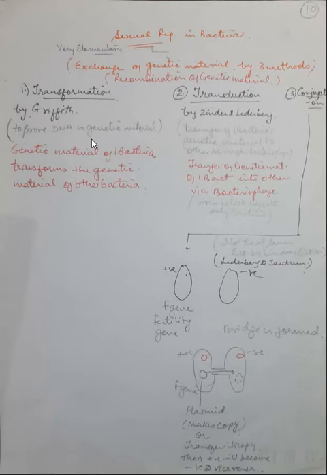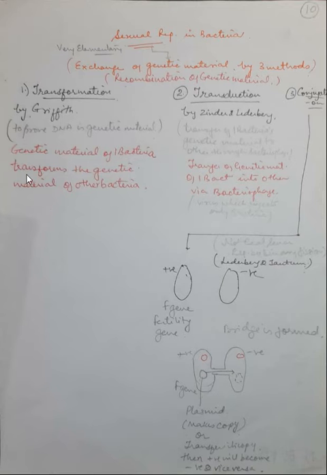In your course, you don't have to see too much detail about it, just a little bit of introduction is needed. Now the first one, transformation, was given by Griffith. Basically, it is a method to prove that DNA is a genetic material. You will read about this transformation in detail in class 12, where in genetics we need to know what the genetic part in the body is, whether it is DNA, RNA, whatever it is.